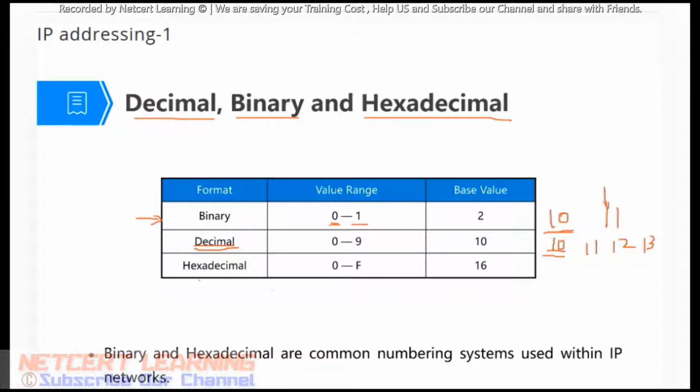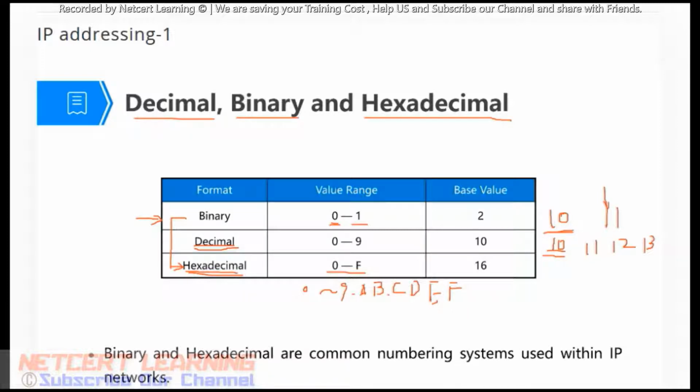And the hexadecimal. Hexadecimal is another form of binary. One character in hexadecimal represents 4 characters in binary. For example, 0 to 9, and then 10 is represented by A, 11 is B, C, D, E, F. F means 15.